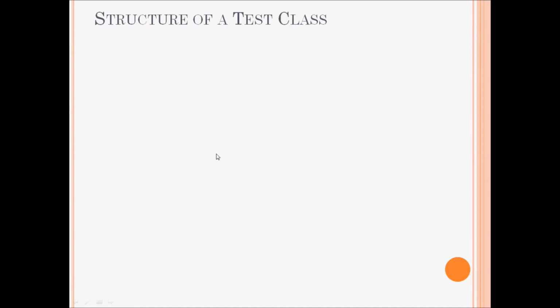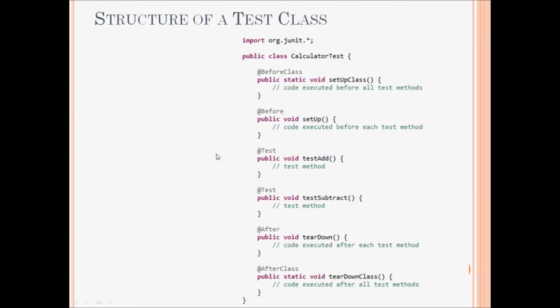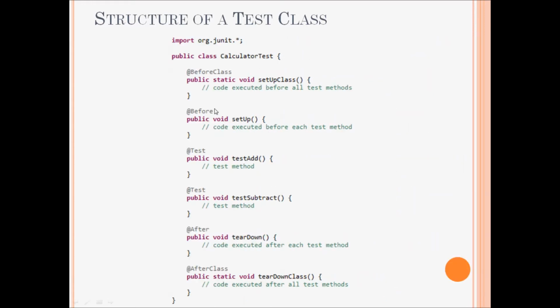This is a typical structure of a test class. You see the test methods are marked with the @Test annotation. You see we have two test methods here. Those methods are marked with the @Test annotations.